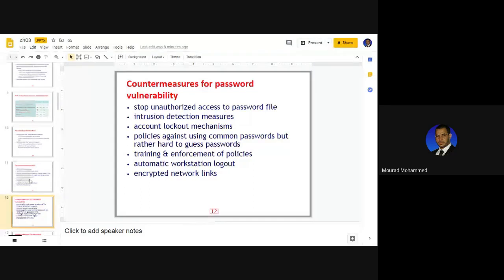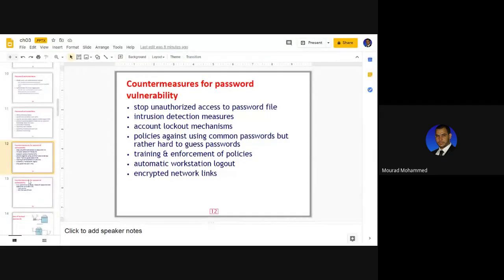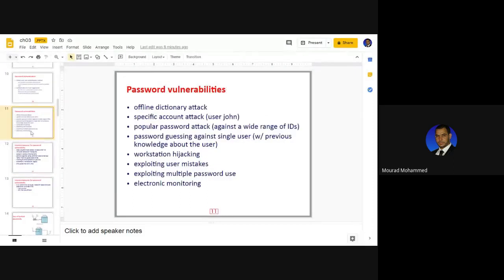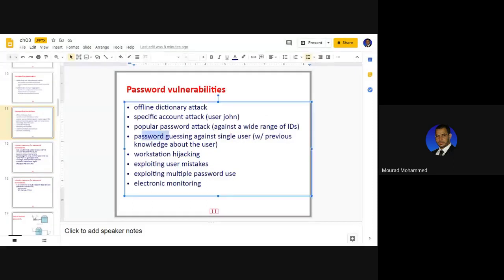The countermeasures against such attacks, against such vulnerabilities, are policies that you have to set up in order to avoid such circumstances happening. For example, to avoid the password guessing attack, should I catch the people doing that? No, I cannot.